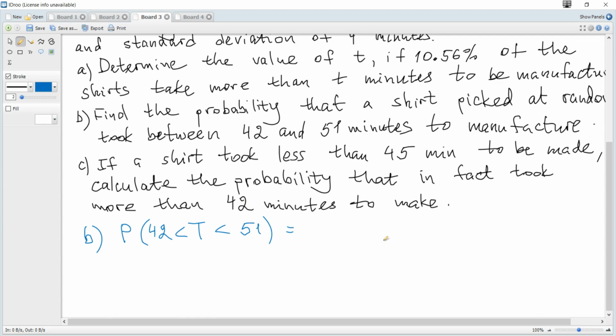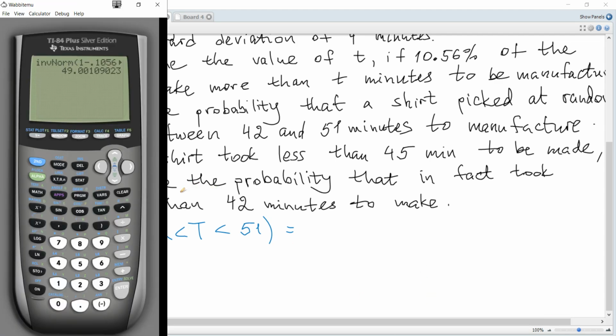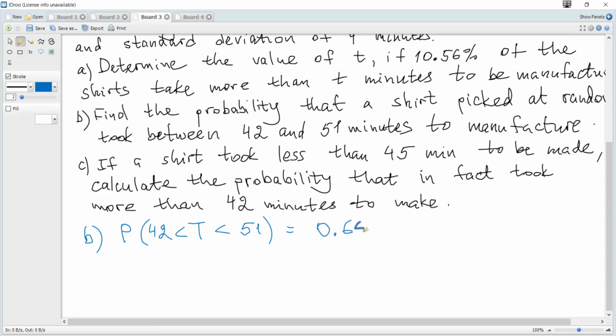And mu and sigma are given, so we can just calculate it directly and choose normal CDF from 42 to 51, mu is 44, sigma is 4, and we get that it's 0.651 to 3 significant figures.